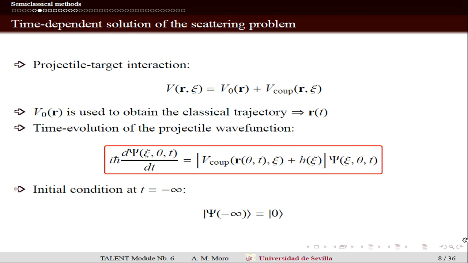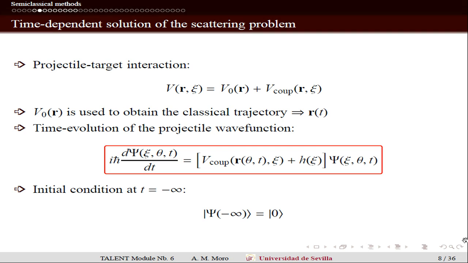So the projectile-target interaction many times can be separated in two terms. There is one part of this interaction that will not produce excitations of the projectile, but will be important to define this classical trajectory. So thinking, for example, of the Coulomb interaction, we have always the central, the monopole Coulomb interaction, the product of the charges divided by the distance times e squared, whatever.